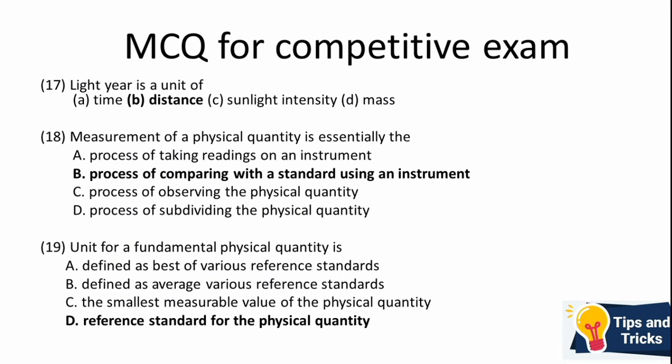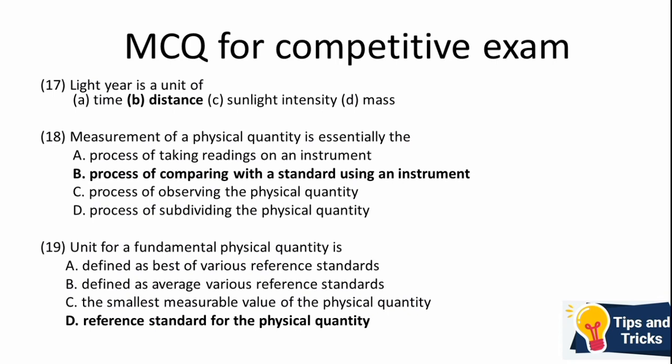So the correct option is distance, option B. Actually light year is an astronomical unit used to measure distance between two astronomical objects, because these astronomical objects will be very far from each other. So that's why we use light year as a unit to measure the distance between astronomical objects.